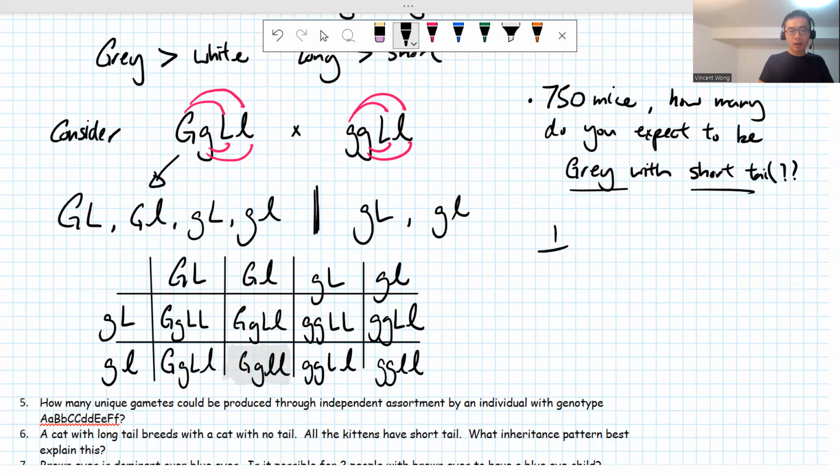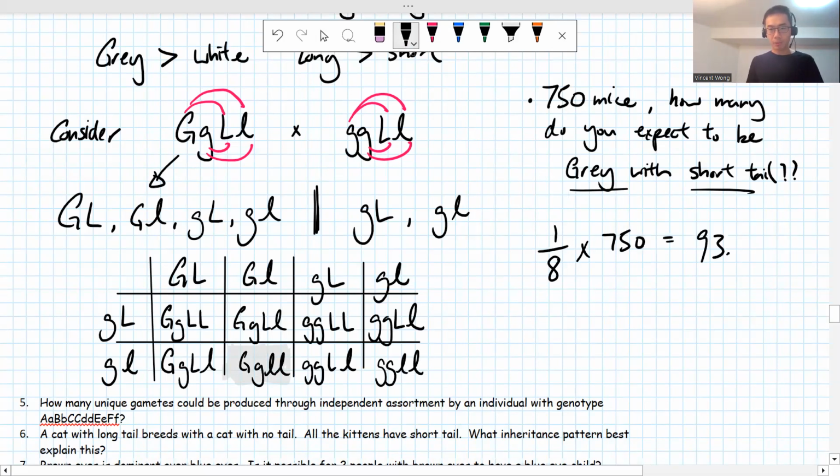So that's 1 out of the 8 boxes. And we're going to multiply by the total number of mice. Okay, 1/8 is 12.5%.